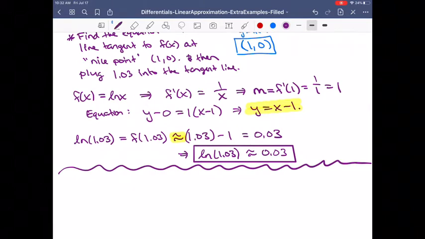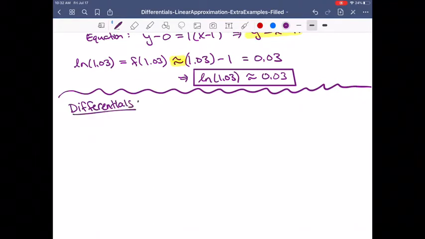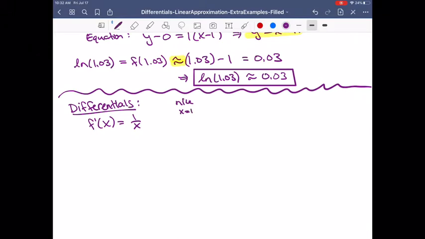Now we're going to try to use differentials. We still need f prime of x, which is still 1 over x. Here our nice point is x equals 1, and our not nice point is x equals 1.03.